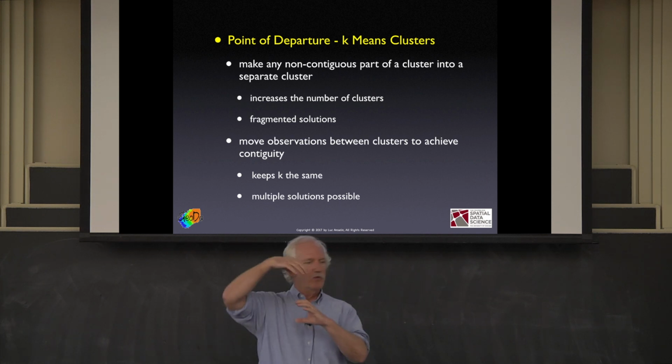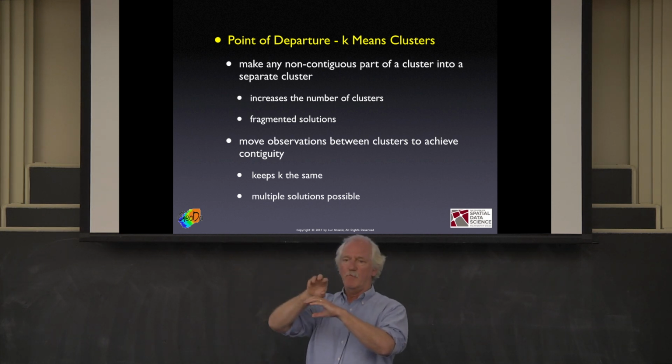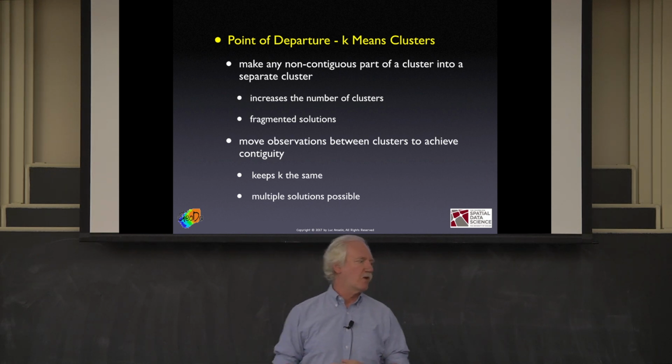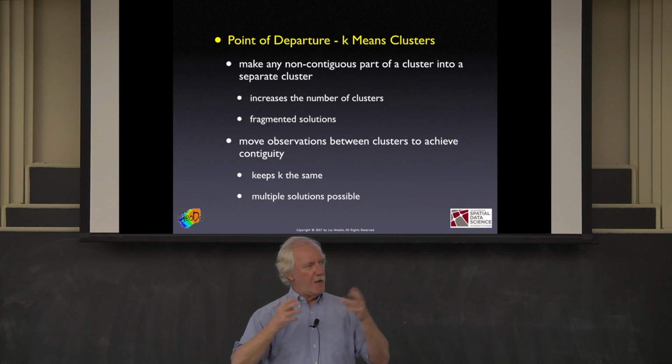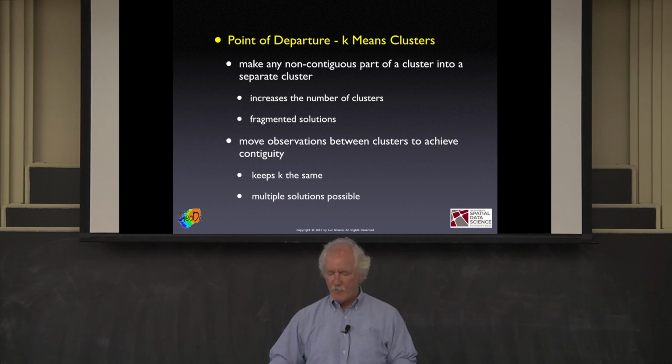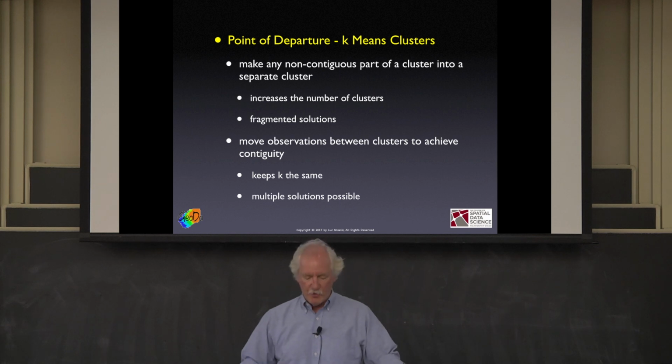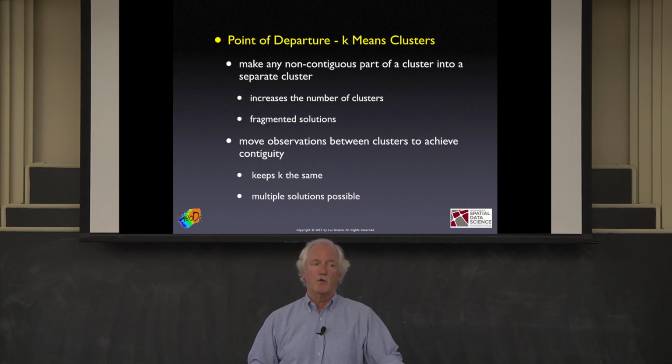So like if you have two clusters with a different one in between, you make that different one part of the cluster, and so now you have contiguity. And you do this by making a small number of swaps. Obviously, the solutions are indeterminate. You can have multiple outcomes. The advantage is that you keep k the same. So if you want to see how the quality of the cluster changes with k, you keep the same k. In the other approach, k changes.